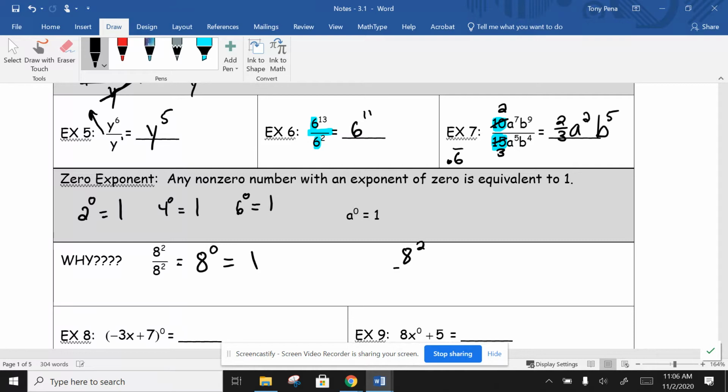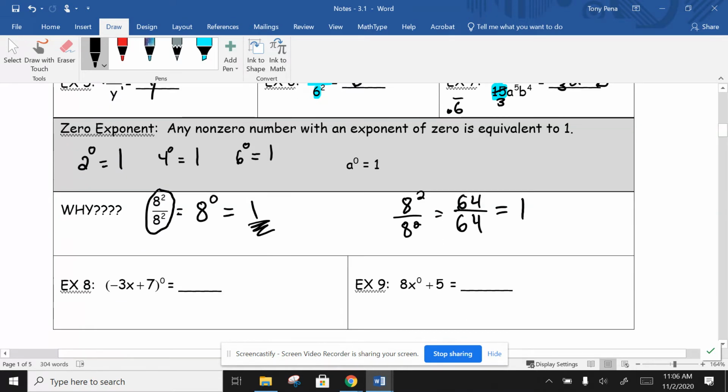If I did 8 squared divided by 8 squared, isn't that really just 64 divided by 64? And then that very clearly is a 1. Or even over here, anything divided by itself is 1, right? So 8 squared divided by 8 squared, they're identical. Anything divided by itself would have to be a 1. So anything to the 0 power is a 1.